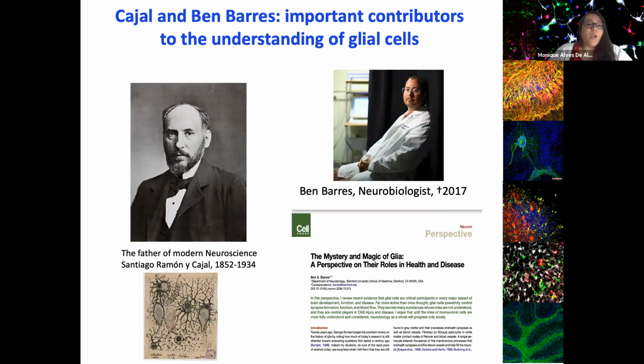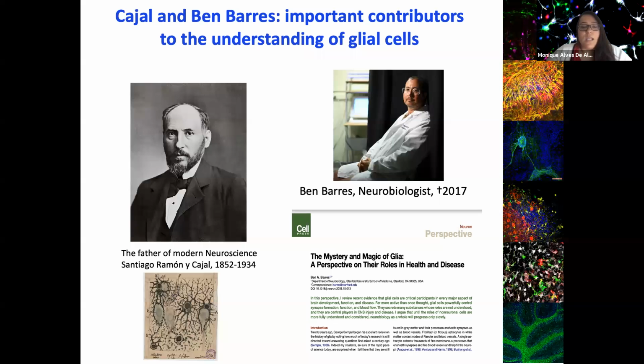So I couldn't ignore the important contributions of those two neuroscientists to the history of glia. On the left, you have Ramón y Cajal. Although his contributions were mainly to the neuronal field, he also significantly contributed to the understanding of the nature of glial cells, and his drawings illustrated the brain cells and gave us an understanding of their morphology.